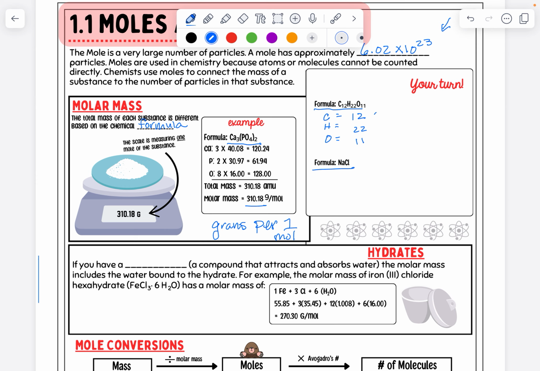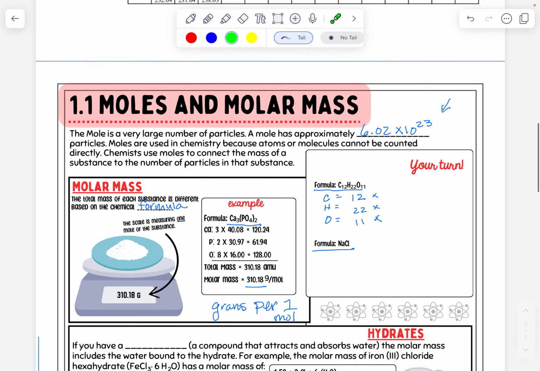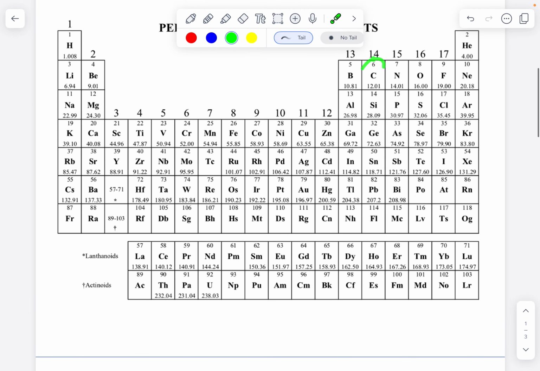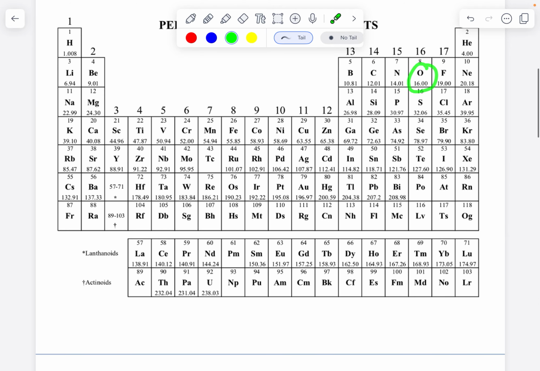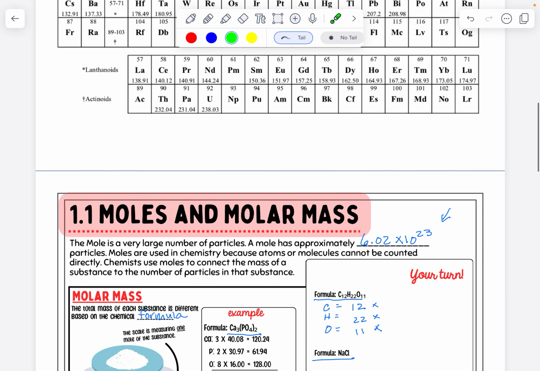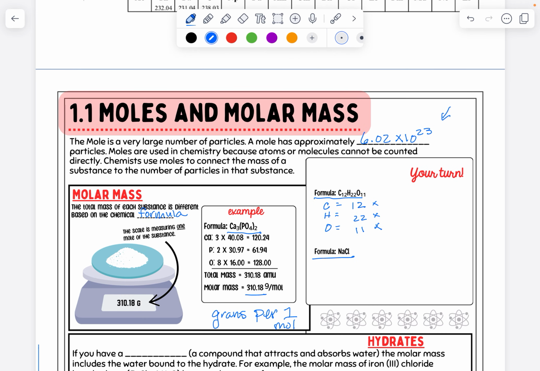I'm going to multiply that by the mass on the periodic table. And again, I go up here to find the masses. So carbon is 12.01, oxygen is 16, and hydrogen is 1.008. So I'm going to plug those numbers in, and then I'm going to multiply them.